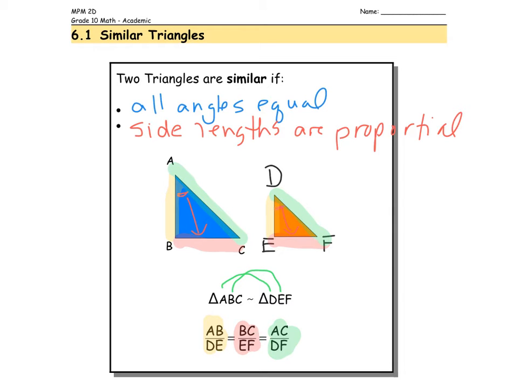We write out, and notice that all of the sides from the first triangle, here's triangle number 1, here's triangle number 2, all of the parts that belong to one triangle are on the same side of the fraction, in the numerator, and then all of the sides of the second triangle are in the denominator.